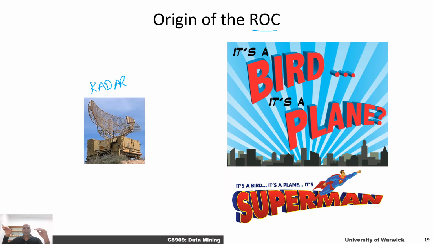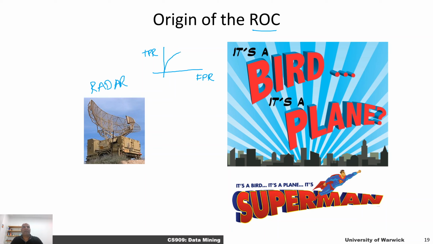So what they used to do is fly a plane whose location they knew, and then analyze the reflections off of that plane to calibrate the radar. They could measure the performance of a particular radar by simply plotting how many false positive detections it was generating, meaning it was detecting an object when there was actually no object there, versus the true positive rate of that radar at a given threshold value, that is, what cutoff to use.